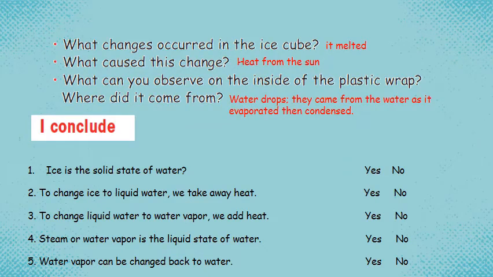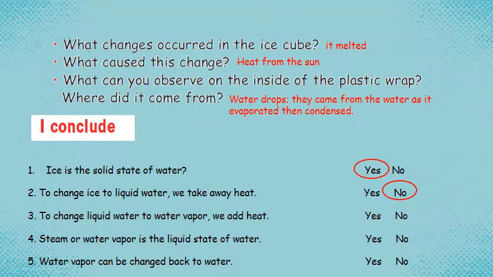Number one, ice is the solid state of water. Yes or no? Of course, yes. To change ice to liquid water, we take away heat. Do you think? No. To change liquid water to water vapor, we add heat.